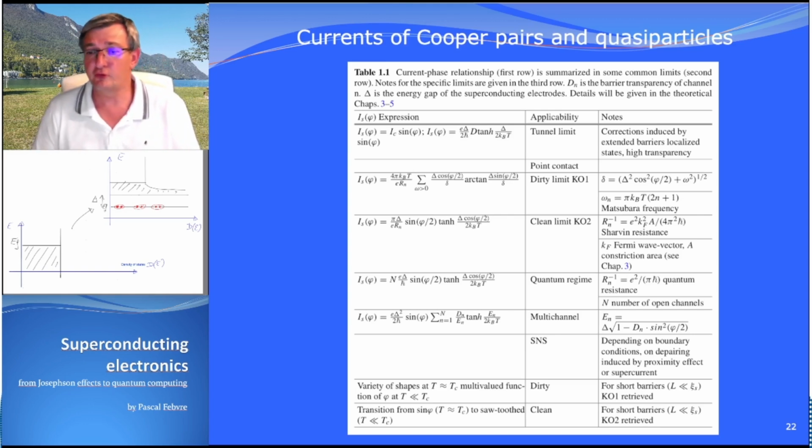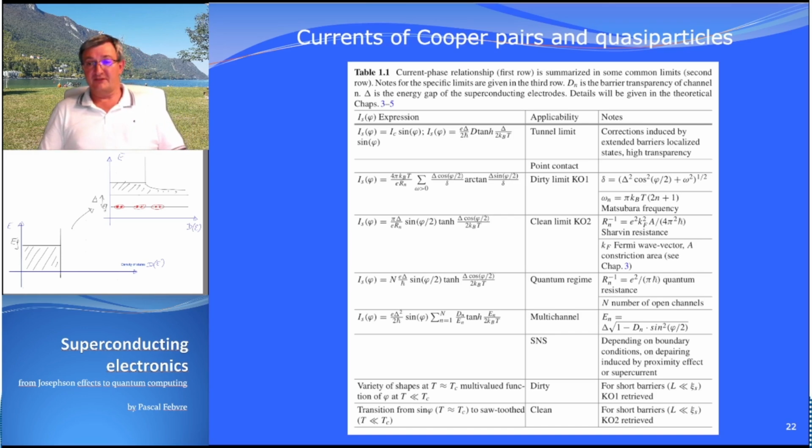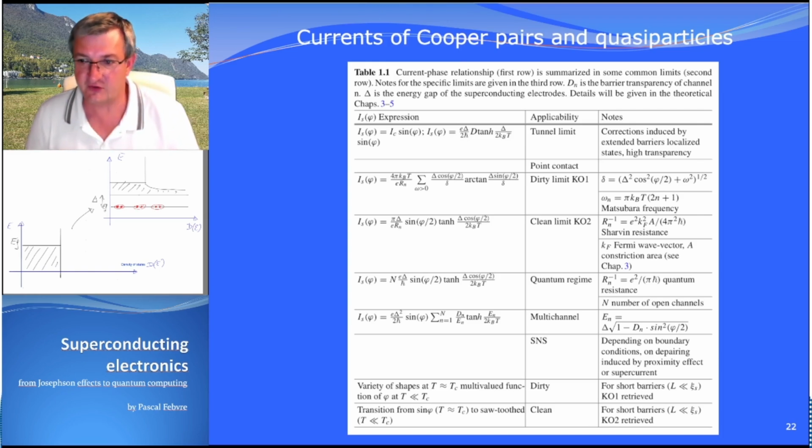You can also use not an insulator but a normal metal, and depending on all these parameters, depending mostly on the barrier properties, you have different relations. But most of the time, for the junctions that we know how to make, which are not extreme in their properties, classical devices, I would say, this formula is enough to understand most of the behavior.